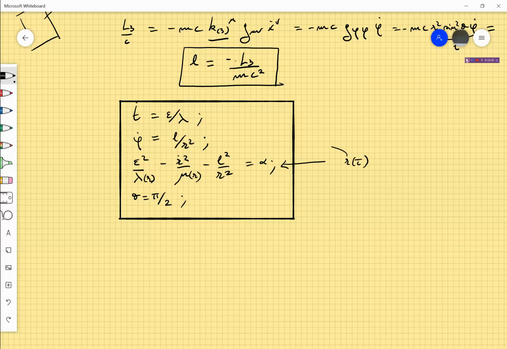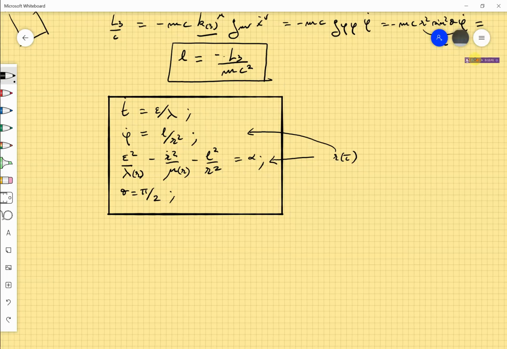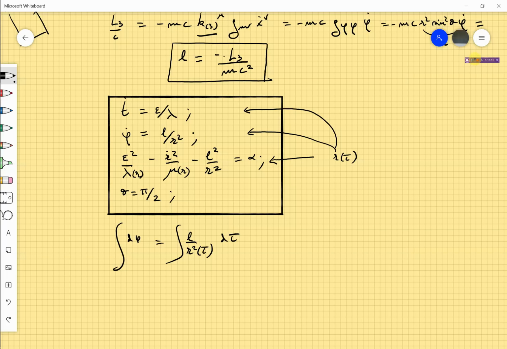Then you come here and you can integrate this equation as well. Okay, how would you do it? Well, you have d phi over d tau. Okay, and you multiply everything, because we are physicists, we can do this. Okay, and you integrate these two sides, and you also come here, and you do exactly the same.